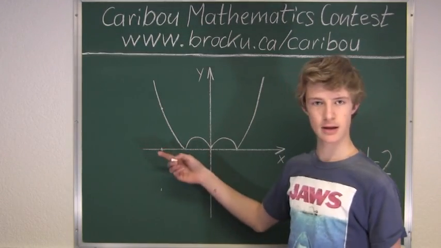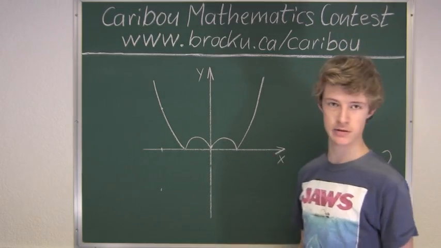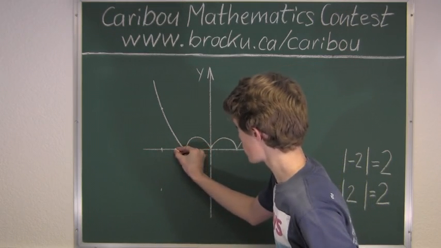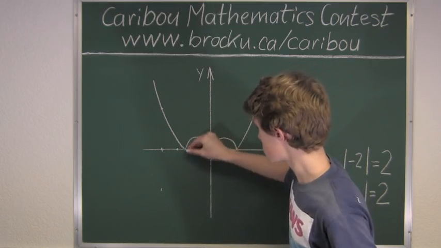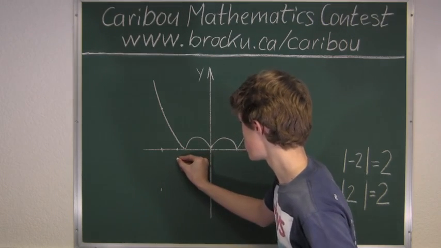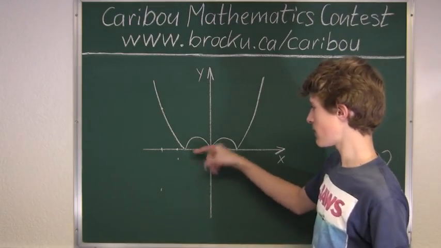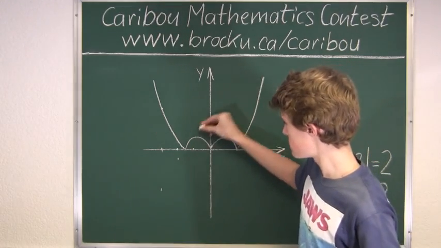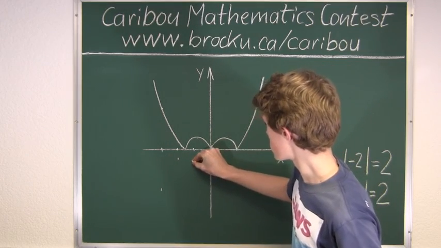So we know that that is not just for this value of x, but for all values of x. So for example, for this value of x right here, the function f of x must be here or here. And again, for example, for this value of x right here, the function f of x must be here or right here.